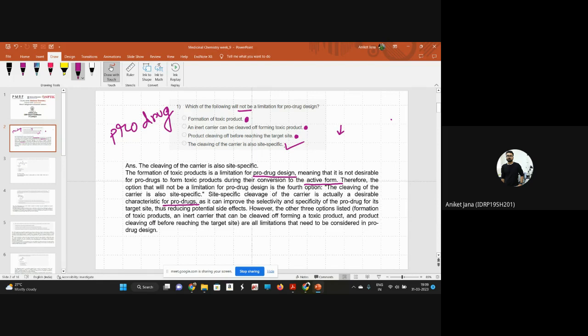Okay, so it is clear to everybody why we are choosing the fourth option, the cleaving of the carrier is also site specific. Is this clear to everybody? Yes, sir. Okay, then let's move to our next question.